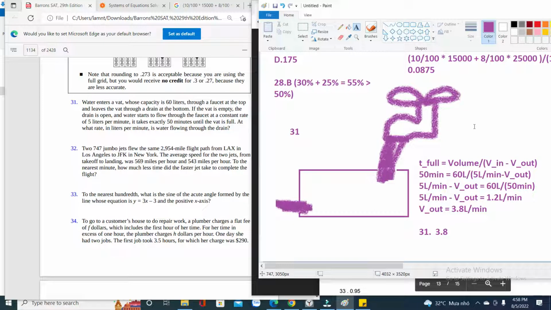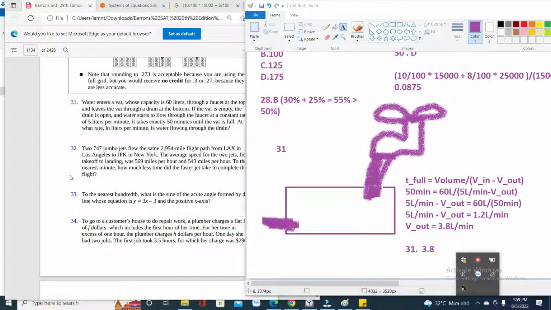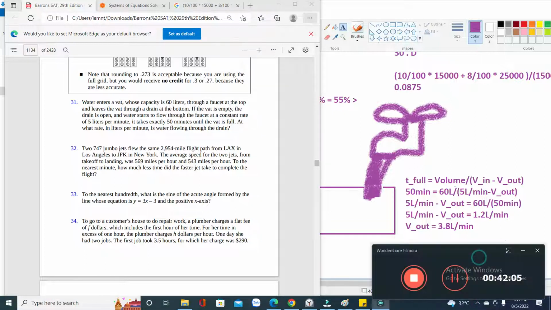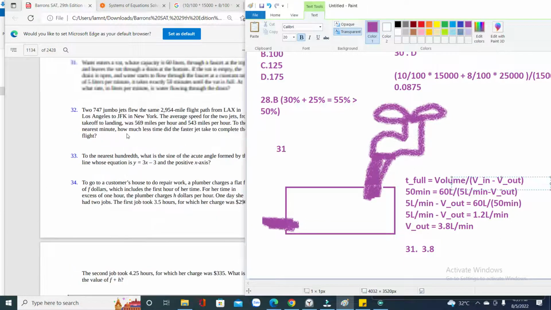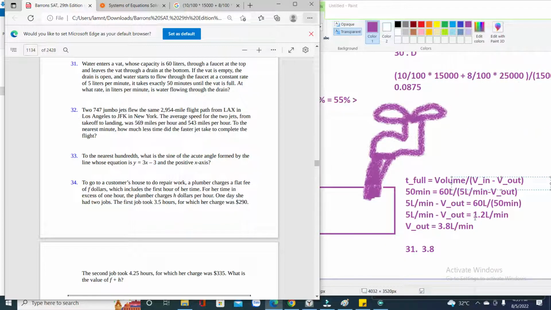Okay, so 32, let's do 32. Two jumbo jets flew the same 2,954-mile path from LAX in Los Angeles to JFK, John F. Kennedy, in New York.